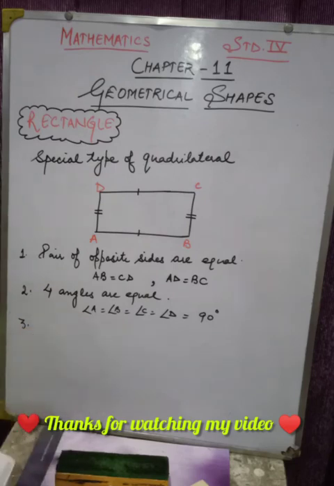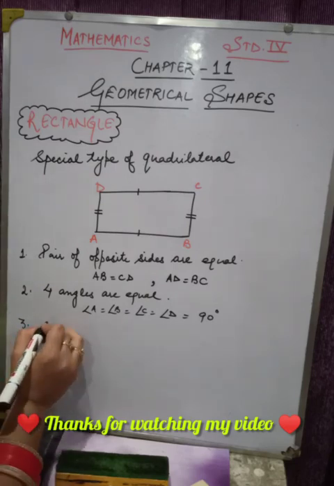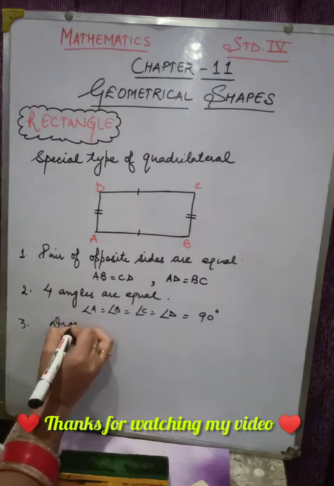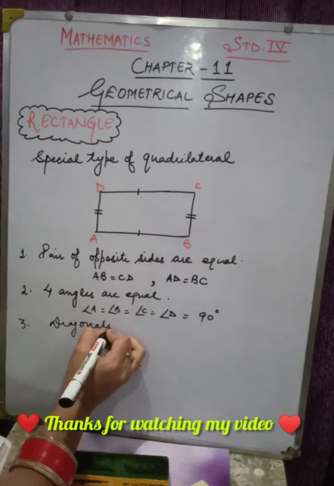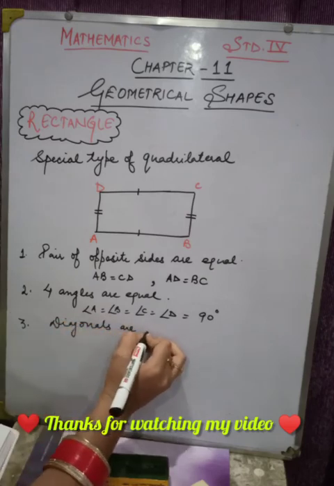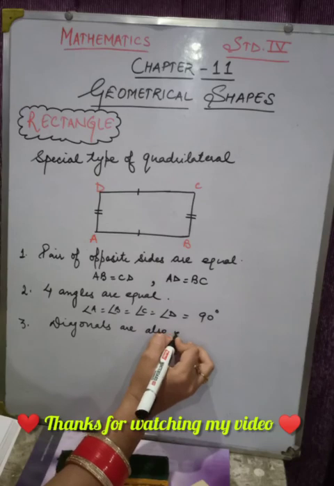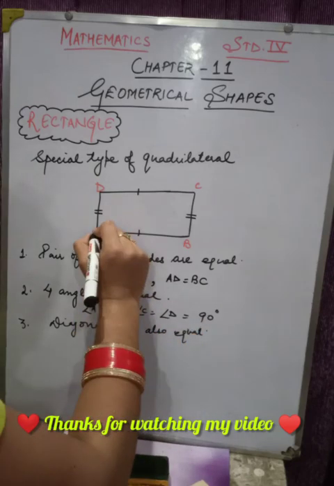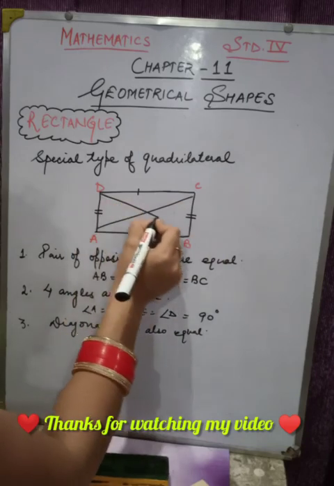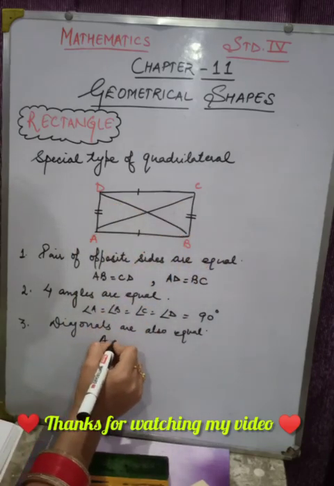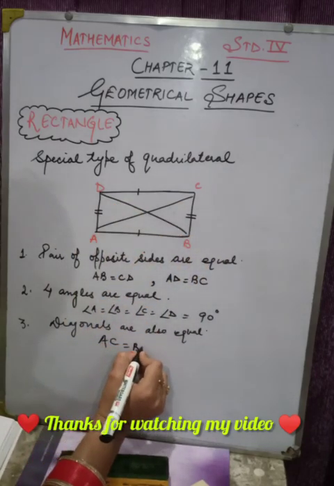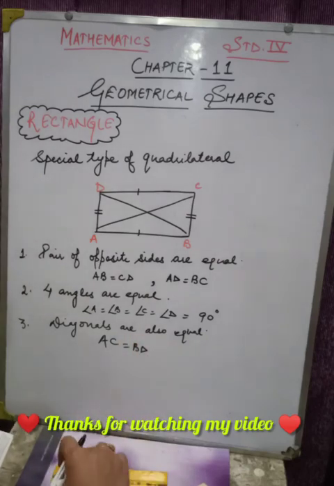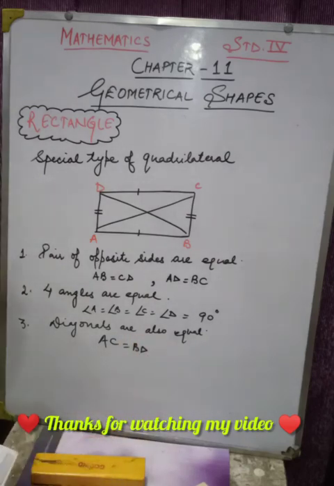Next, both the diagonals are equal, that are AC and BD. AC equals BD. So these are the properties of a rectangle.